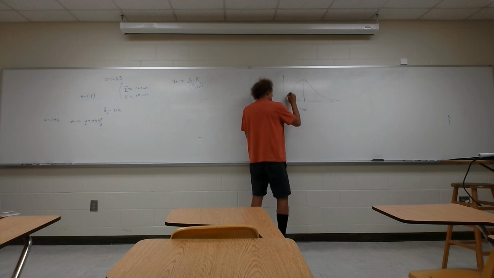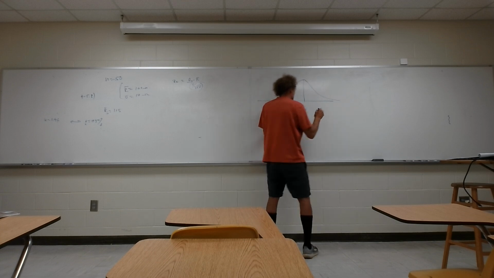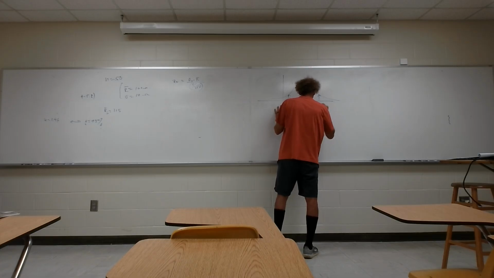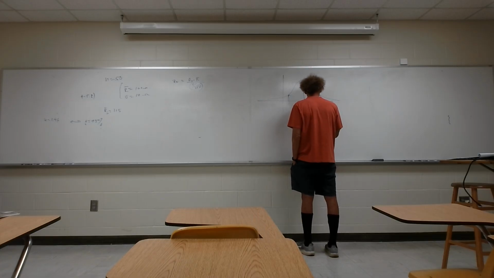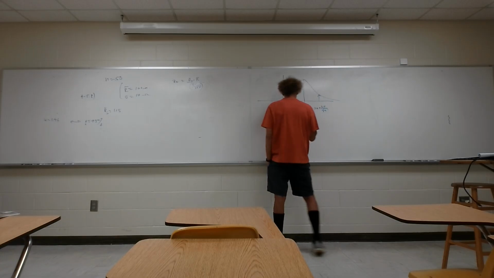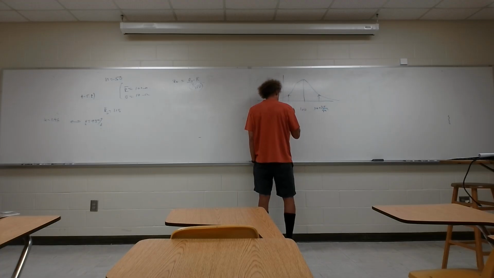I know that this value would be 100 plus K sigma divided by the square root of n, and this value would be 100 minus K sigma over the square root of n.